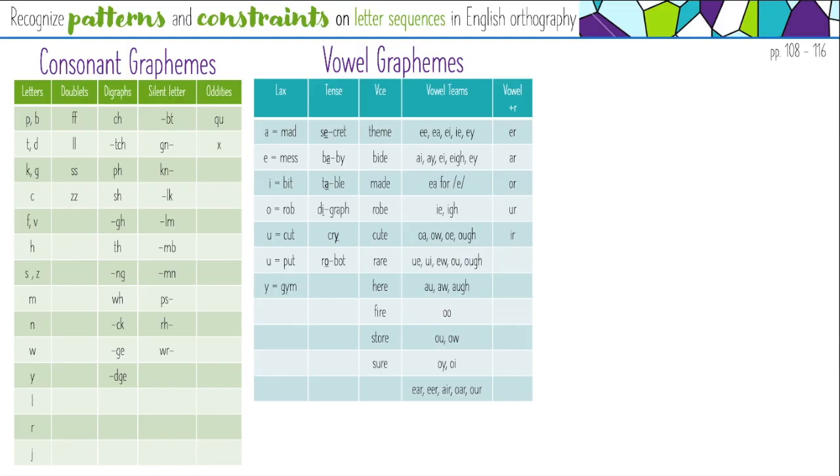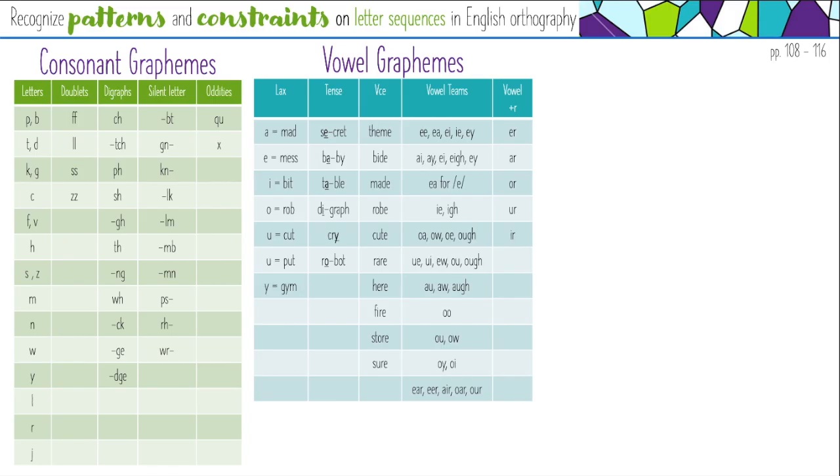Now, you can also take a look at the next column over, which is digraphs, and there are a lot more digraphs that Louisa considers as a digraph than we typically teach as a digraph. For example, the DGE and the GE, the soft G combination. That's because you get a unique sound when two letters are used.